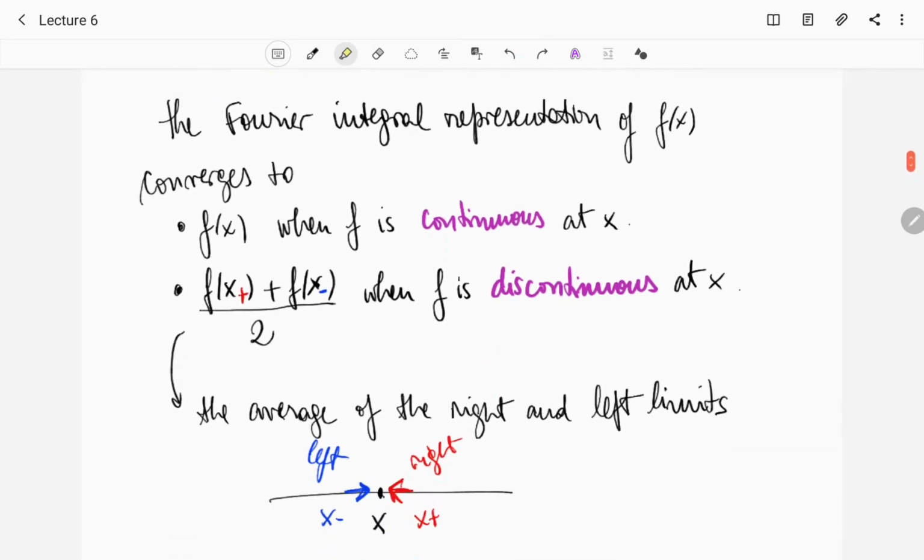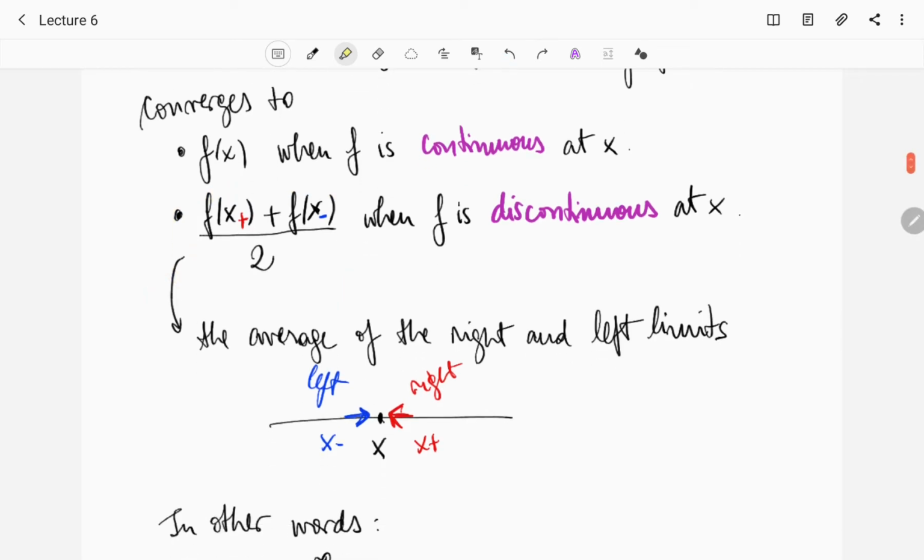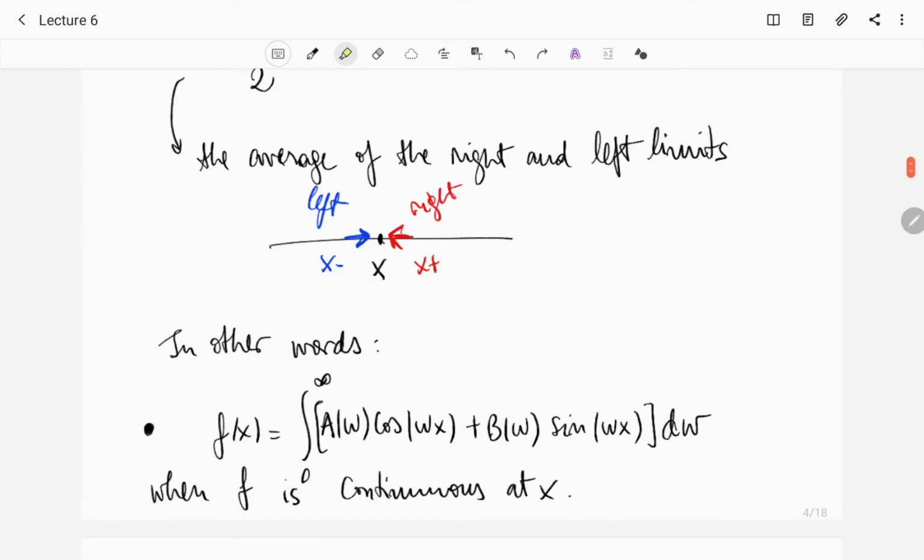Okay, and we have again this kind of property. When the function f is continuous at the point x, we have that this Fourier integral representation coincides with f of x, and when f is discontinuous at the point x, then we will have again this average of the right and left limits. So we still have this property in this context.